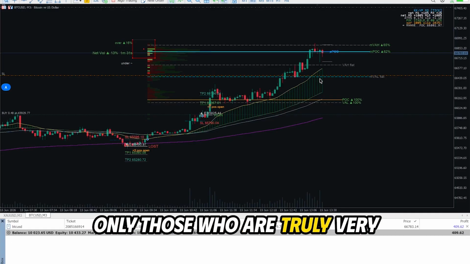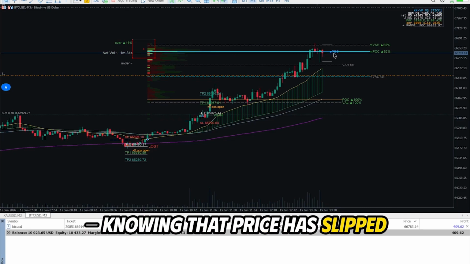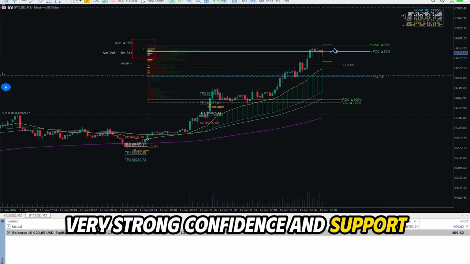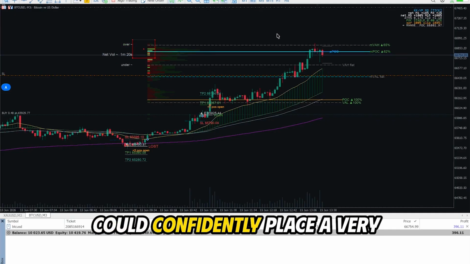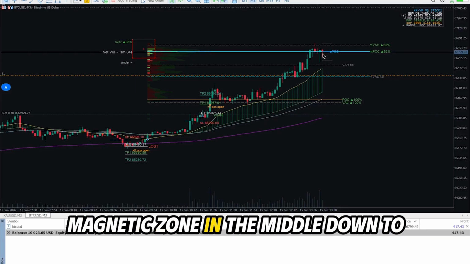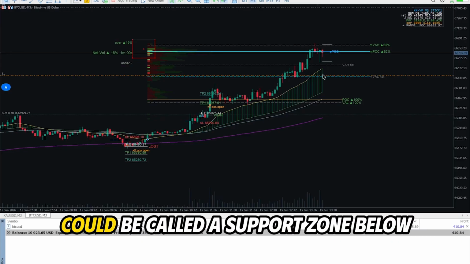Only those who are truly very experienced, knowing the price has slipped below the master POC zone and it has very strong confidence and support at the entry candle chart here, could confidently place a very short trade, a scalp from the POC magnetic zone in the middle down to the zone that could be called a support zone below.